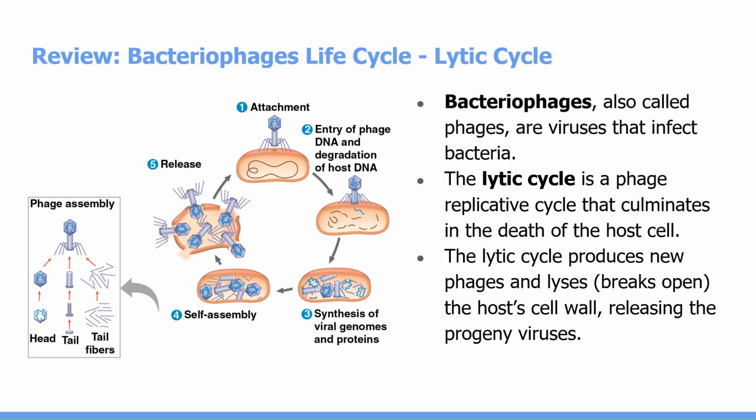However, this is just the first part of it, where the bacteriophage, the virus, injects this DNA, uses the RNA polymerase and then the ribosomes to produce the proteins and parts of the virus.